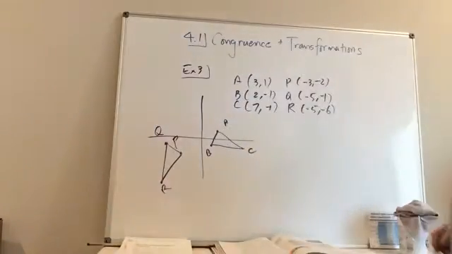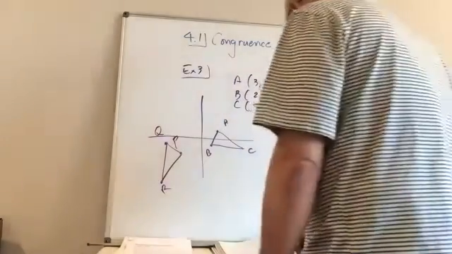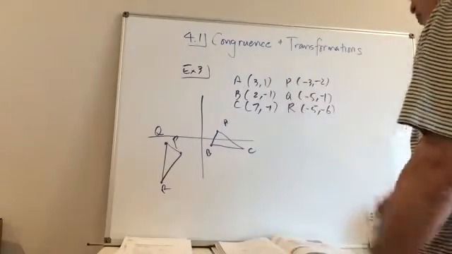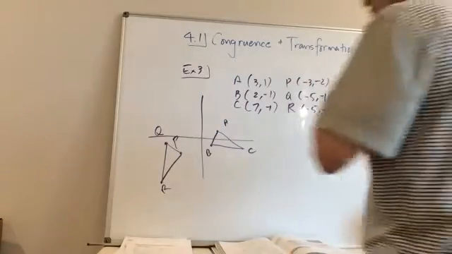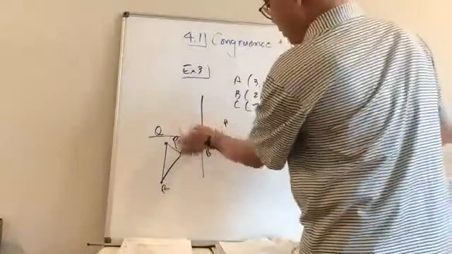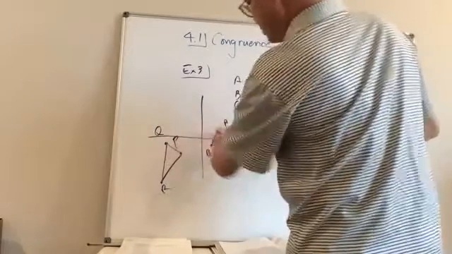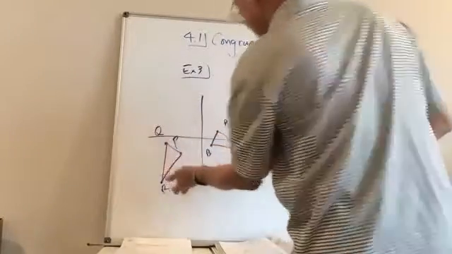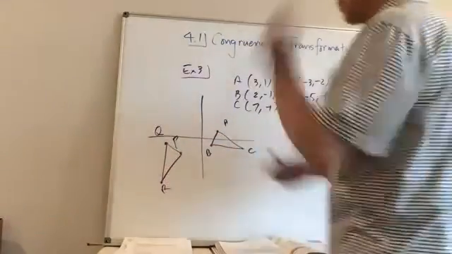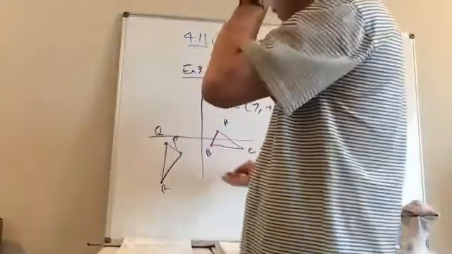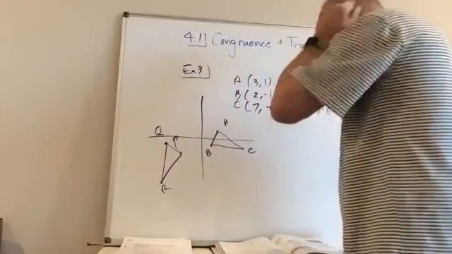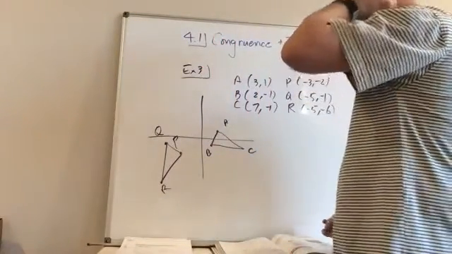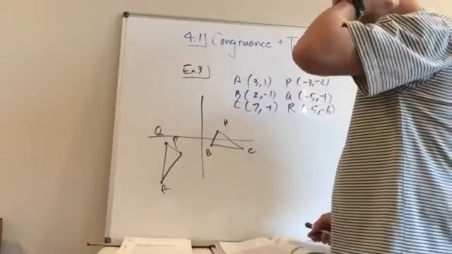Okay. So what happened here? Looks like we did a rotation, right? We rotated this over to look like that. So it's a rotation here. Again, if you put this on a graph grid, you should be able to see it, count the squares and see that all the sides are the same.